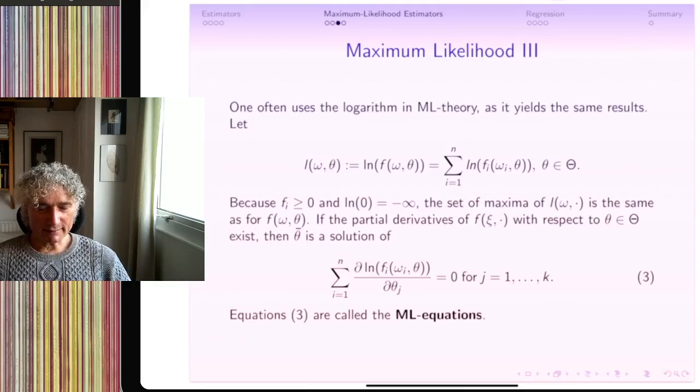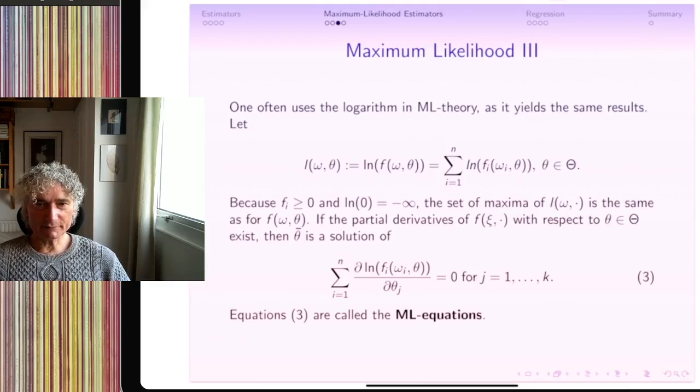So you define just a new function L of omega, theta to be the logarithm of this density of the compound random variable x, which is given by f of omega, theta. And this is then just the sum from i equals 1 to n of the logarithm of these individual densities.